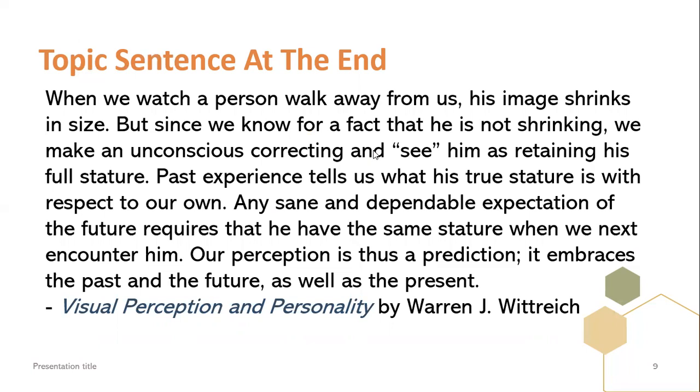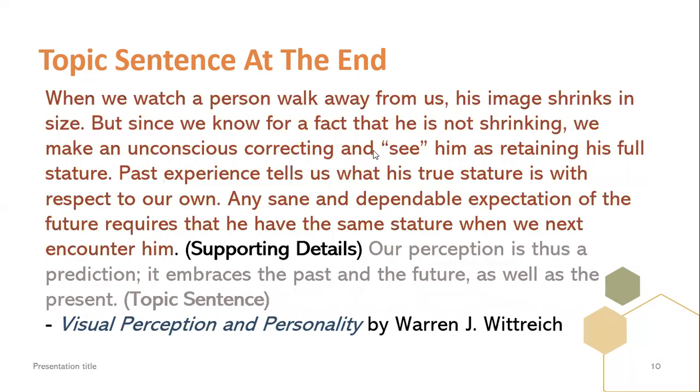So past experience tells us what his true stature is with respect to our own. Any sane and dependable expectation of the future requires that he have the same stature when we next encounter him. Our perception is thus a prediction. It embraces the past and the future, as well as the present.